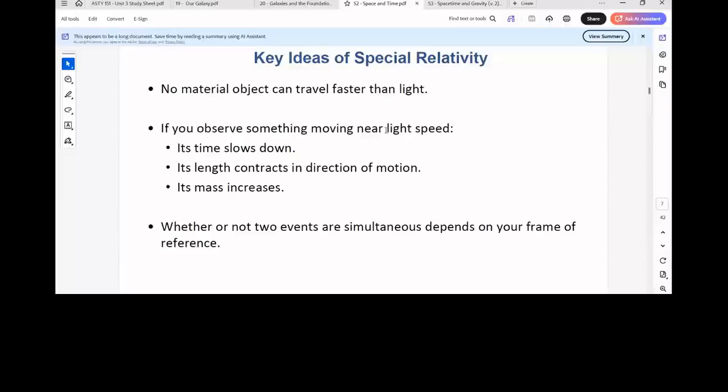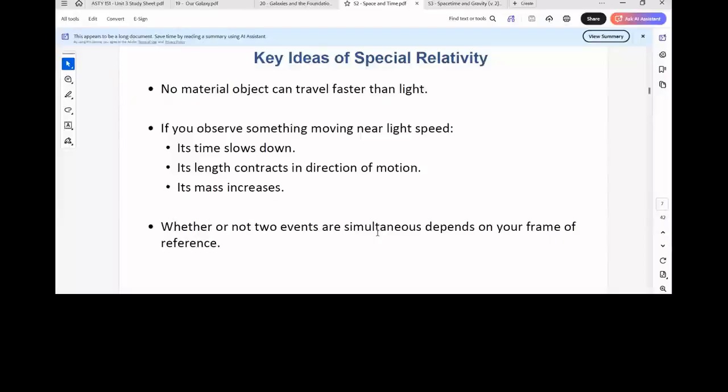Next, if you observe something moving near light speed, it seems as if the rate of time flow will slow down for that object. It seems as if the length of that object will contract in the direction of motion, and it seems as if that object will behave as if its mass has increased. Not literally because you've added more atoms to it or more particles to make up that object, but simply just a consequence of motion very close to the speed of light.